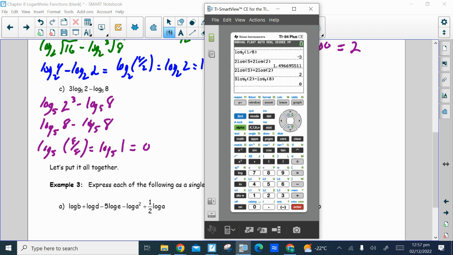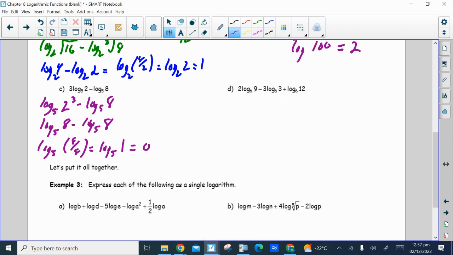Basically, you're subtracting something from itself, right? If we look at this step right here, it's log base 5 of 8 subtracting log base 5 of 8. Kind of made a mess of that log there. So let me fix that. When you subtract something by itself, the answer is going to be 0, which is what we got.